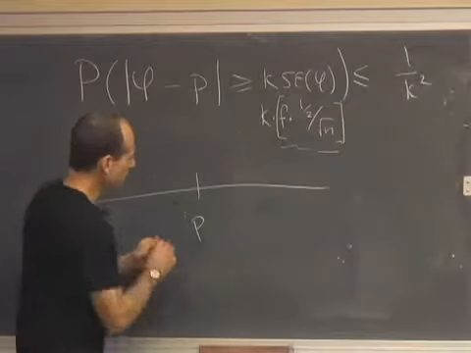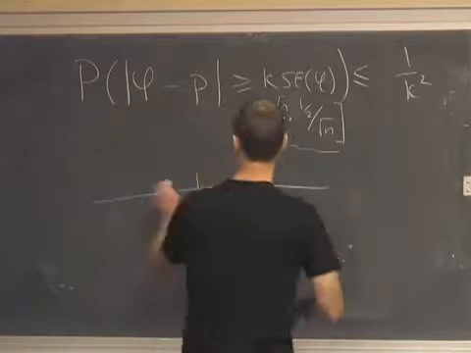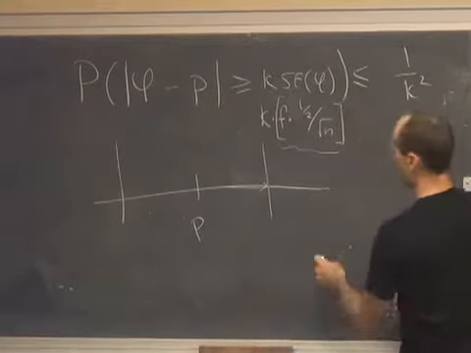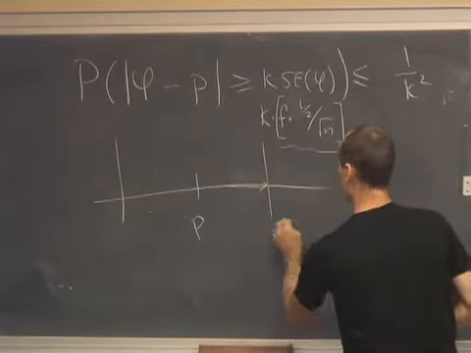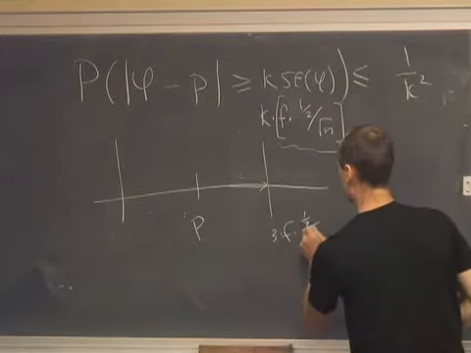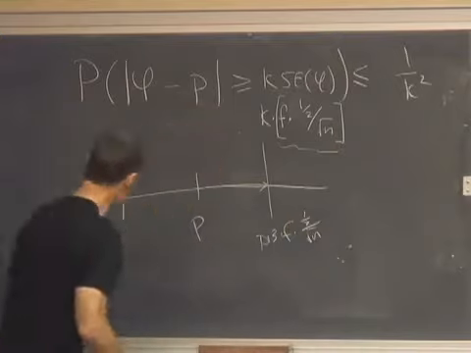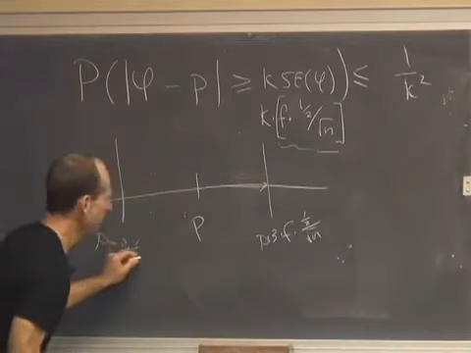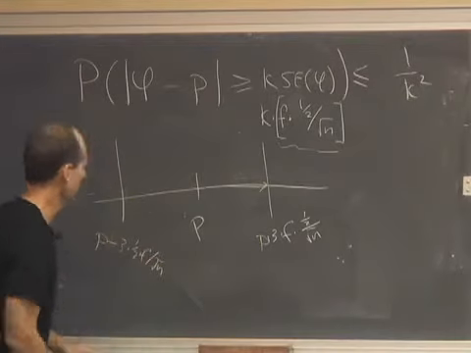And let's say this is p plus 3 times f times a half over the square root of n, and this is p minus 3 times a half, times f over root n.